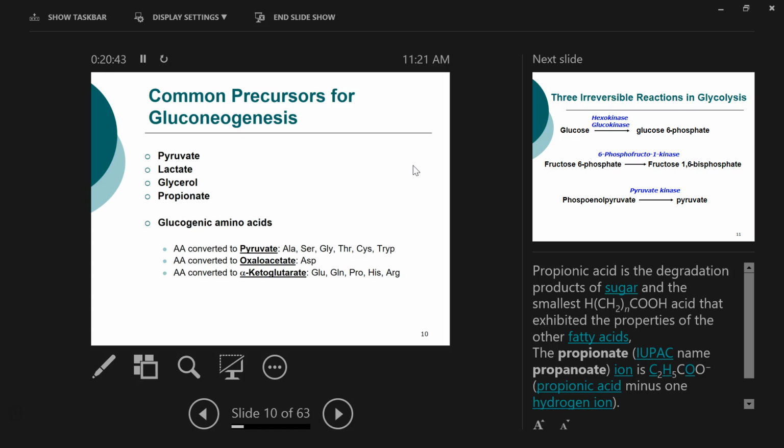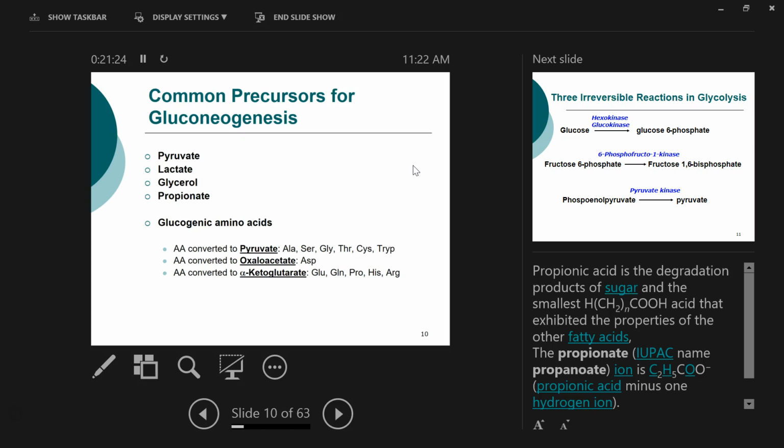and also several, or more than several, right? Many gluconeogenic amino acids can also be used for synthesis of glucose. For example, any type of amino acid, if it can be converted to pyruvate, like alanine, serine, glycine, threonine, cysteine, or any type of amino acid that can be converted to oxaloacetate, like aspartate, or alpha-ketoglutarate, glutamine, and the other amino acids.